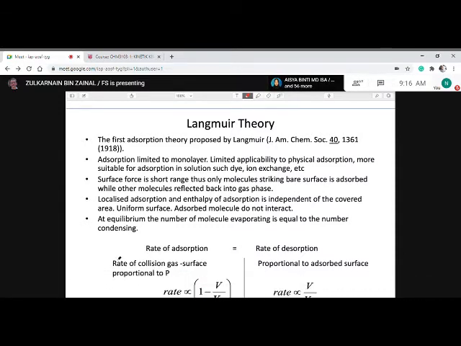Among the assumptions is that the adsorption is limited to only one monolayer.